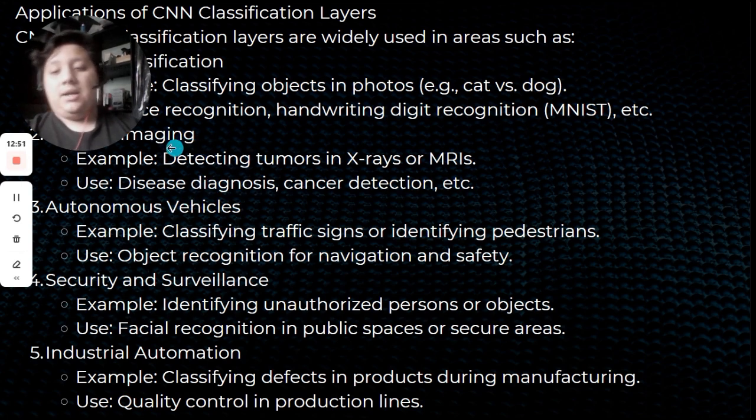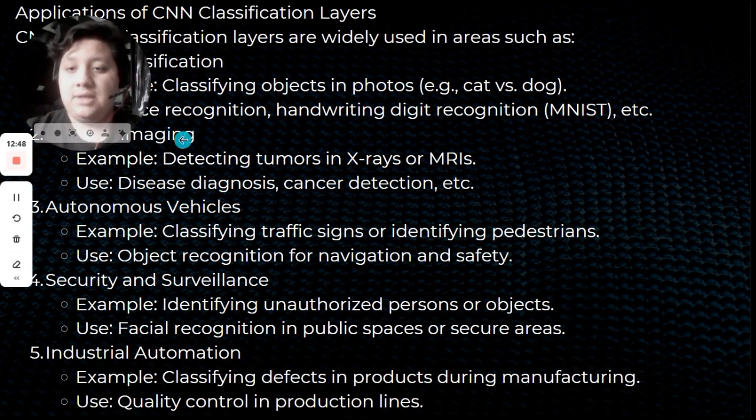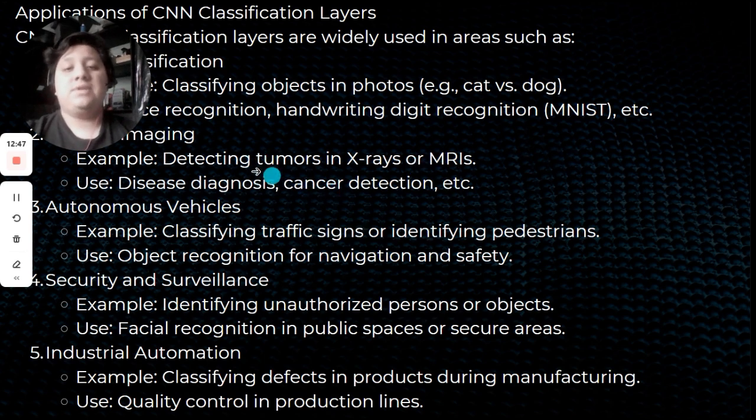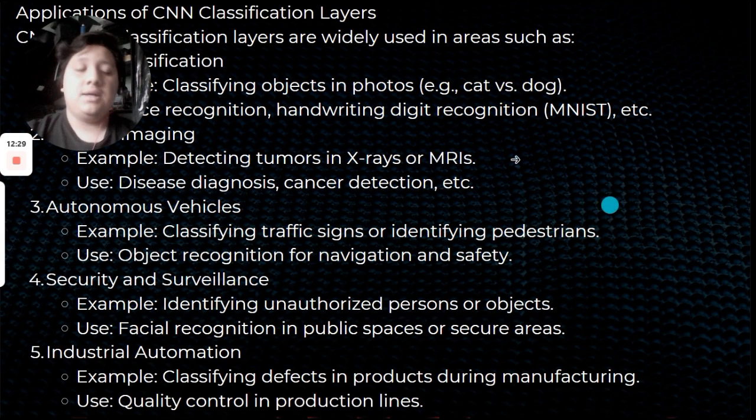Medical imaging. One of the examples is detecting tumors in X-rays or MRIs. This is one of the medical applications, and we put this example because it's one of the most important uses for this type of technology.